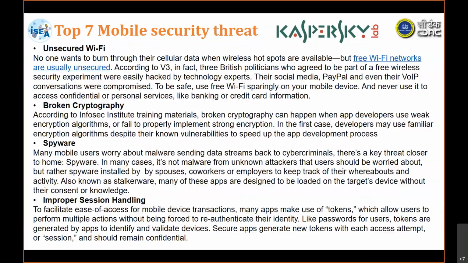But as a developer, if a mobile application has to be developed very quickly because of market demand, many times less secure encryption is used because it takes less development time. So if somebody uses that, you become vulnerable.